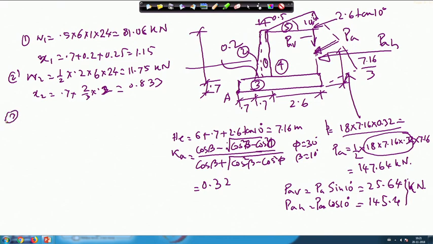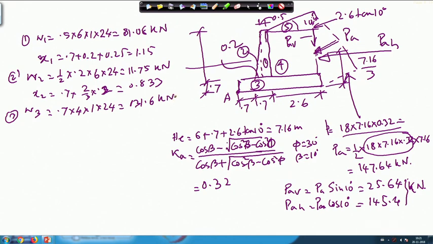Now, component 3, that means this entire one. This will be W 3, which is 0.7 multiplied by 4 multiplied by 1 multiplied by 24, and that gives you a weight of 131.6 kilonewton.